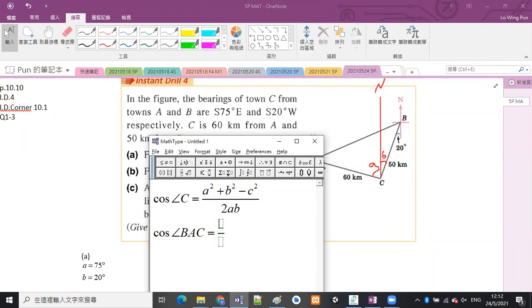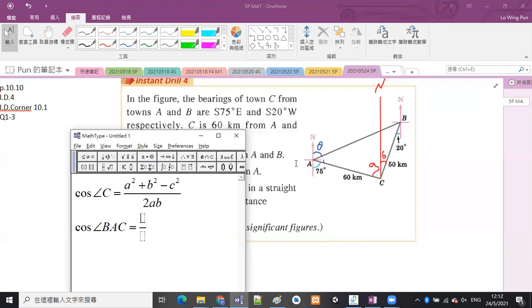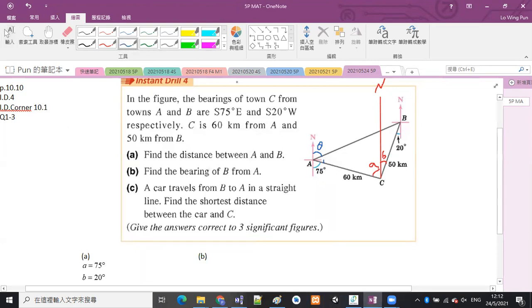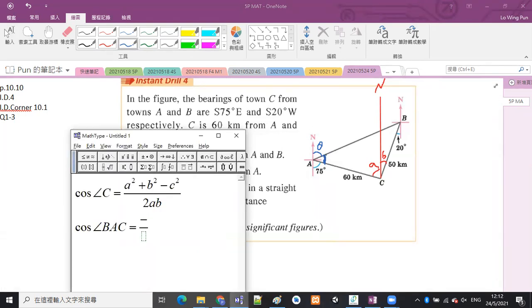We need to fill in the negative term first. Which length will be the negative term here? Can you see the diagram? In this step, I want to find this angle BAC. So this angle BAC is looking at length 50 km, right? So 50 km should be placed in the negative term here: negative 50 squared. And then for the other two terms, one of them is 60 squared, the other will be AB squared.